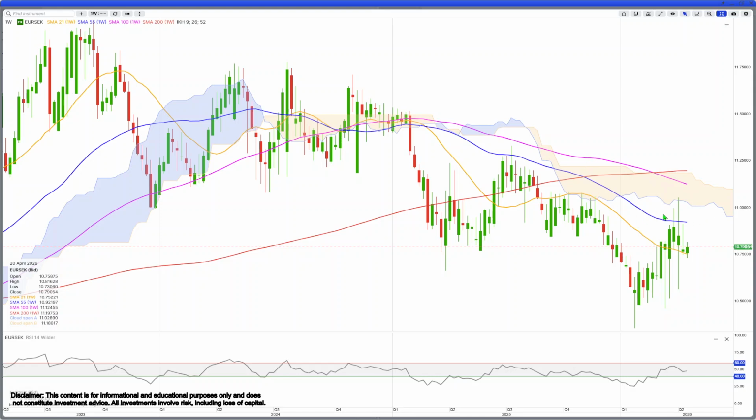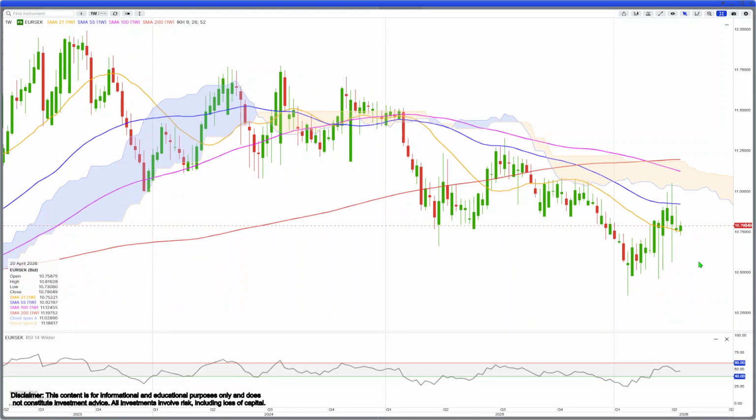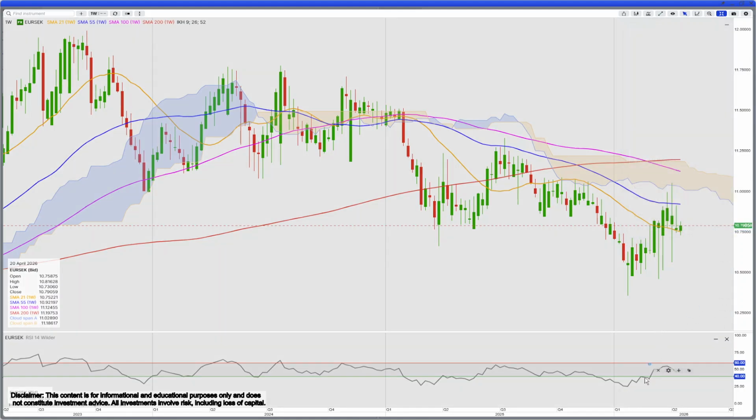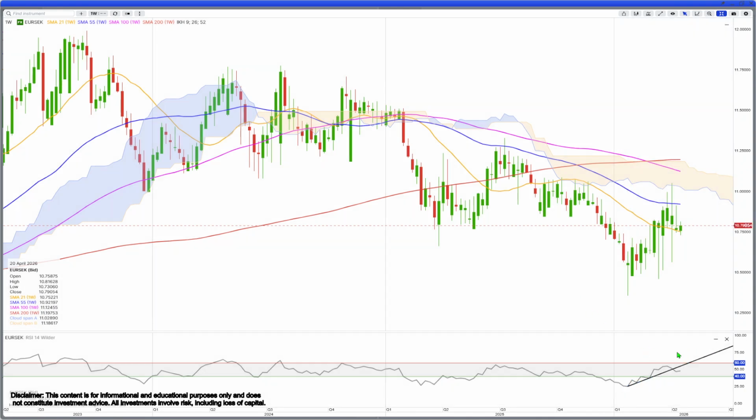The 100 is coming down, the 55 moving average is coming down, and we are likely to push lower. RSI is still negative, and if we add a trend line to it, we can see it's broken below its rising trend line.